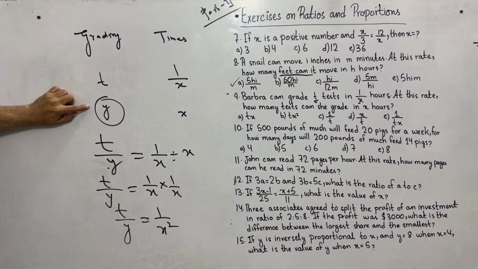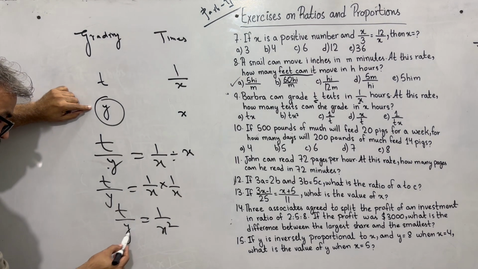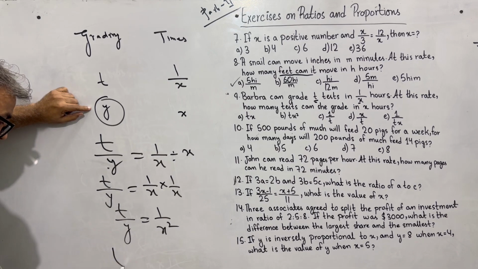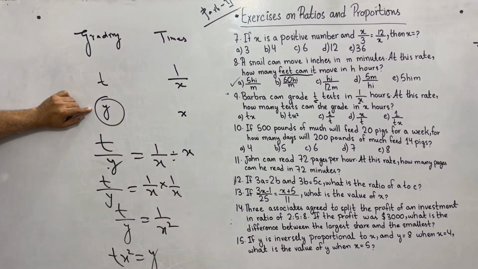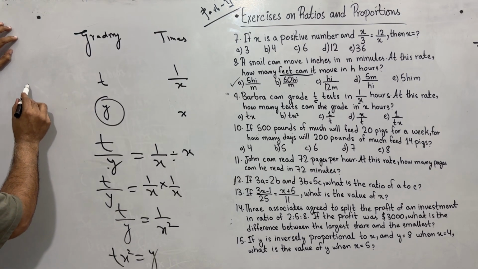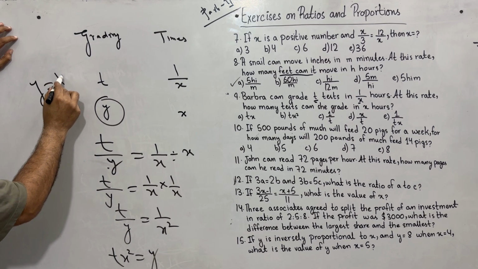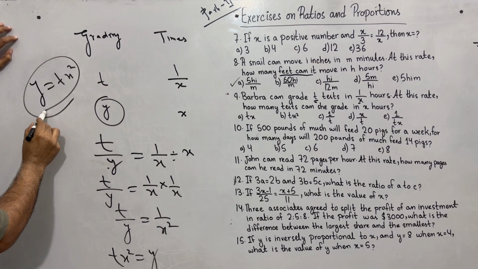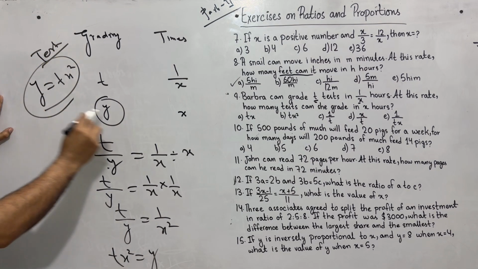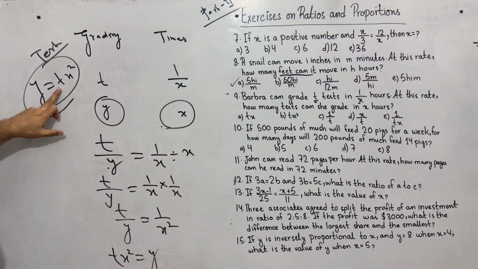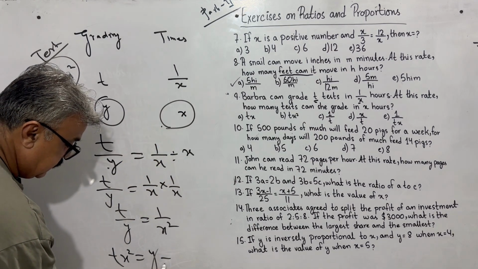Solving for y, our unknown: shift y here, x square here. So t times x square is equal to y. So she can grade t times x square tests in x hours. This is our final answer.